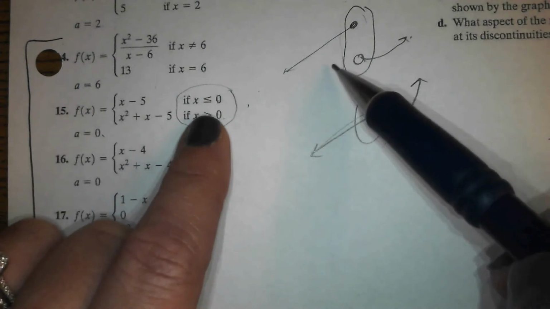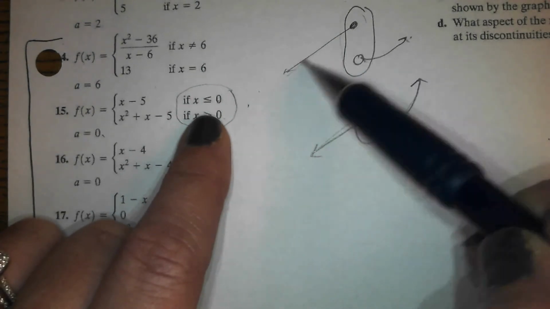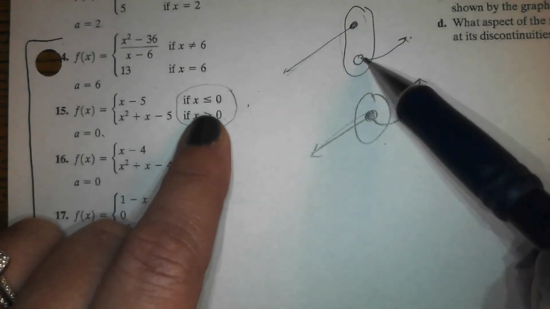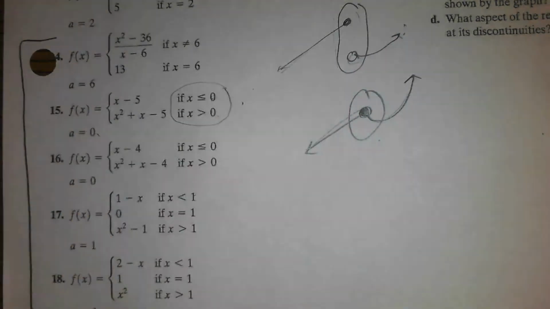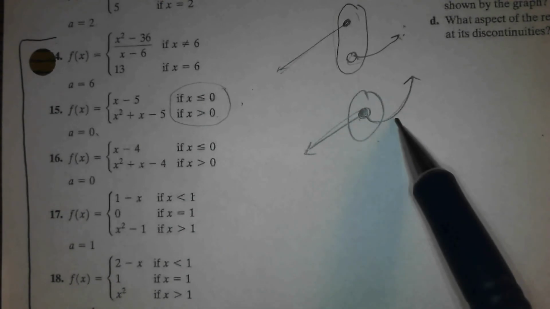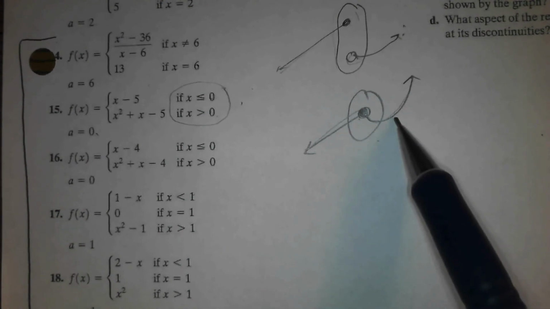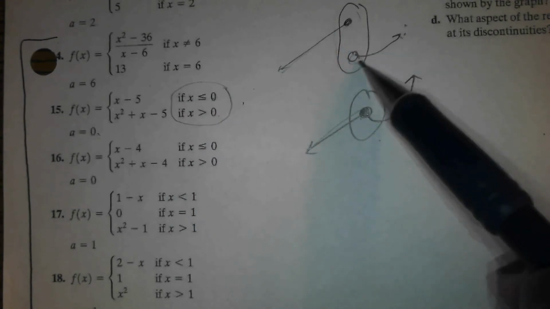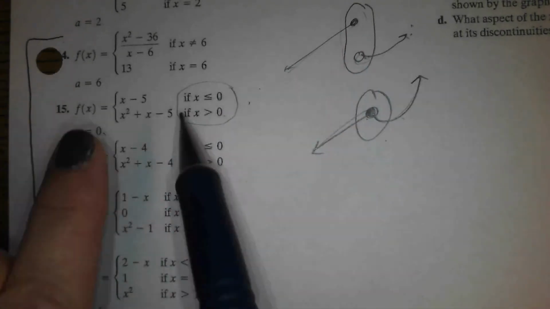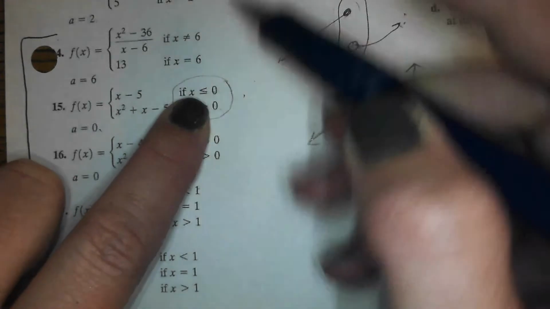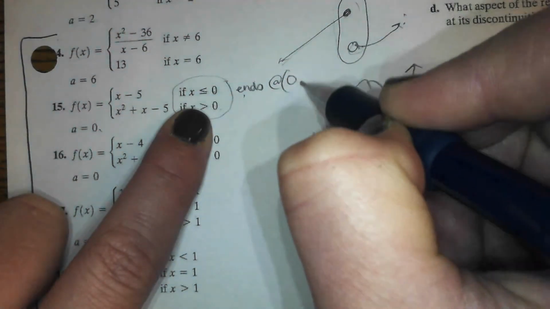So the critical thing that we have to look at is where does one function end and where does the other function begin? And if one ends at the same point that the other begins, it's continuous. If one ends at a different point, then it's not continuous. So this one ends at 0, comma what?